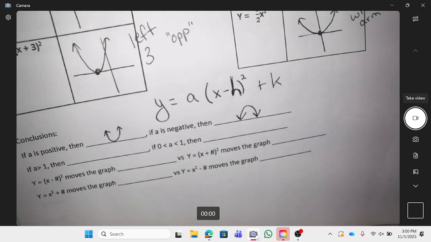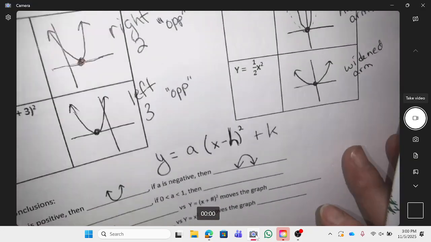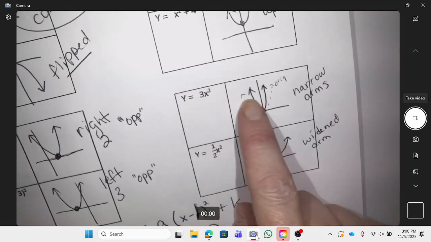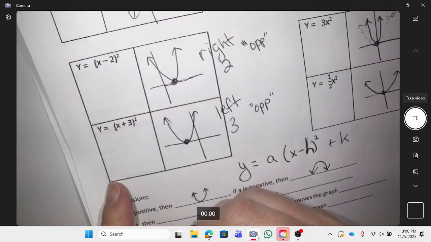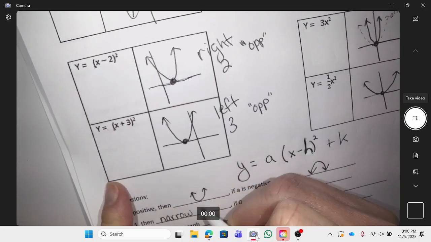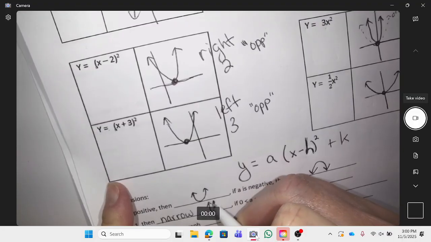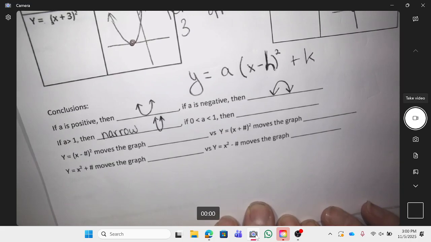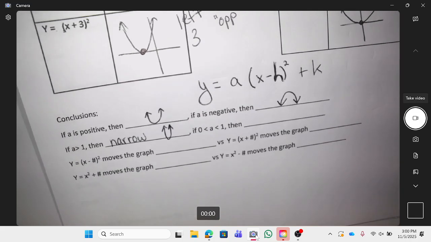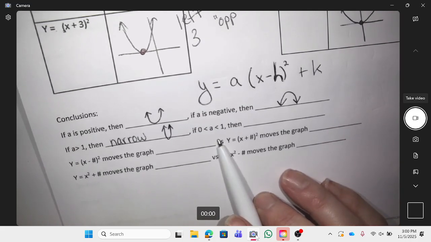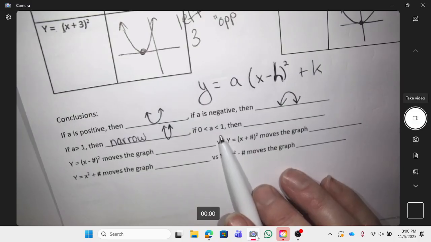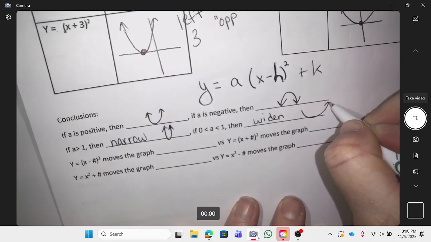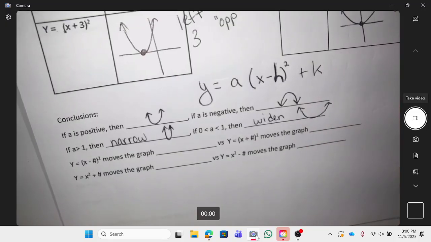If A is bigger than 1, so where did we see me multiplying by a big number? We did this. What happened? Narrowed. Causes it to narrow. If A is less than 1, like the half, we did the half, what happened? It made it look wider.